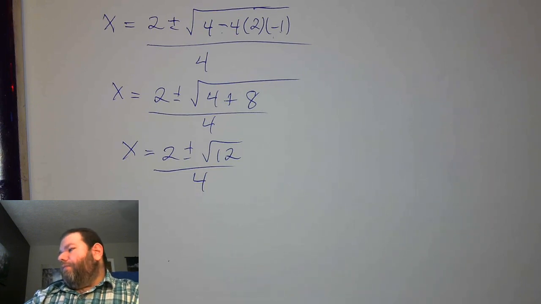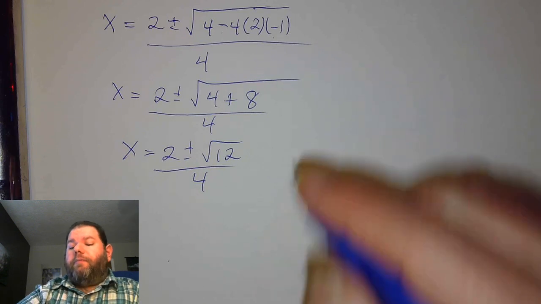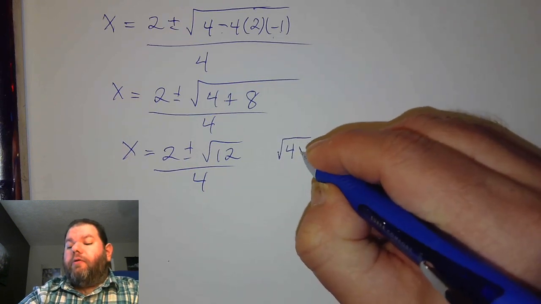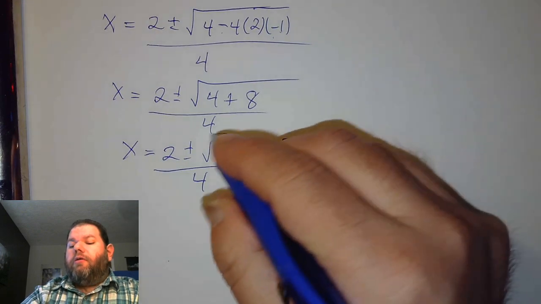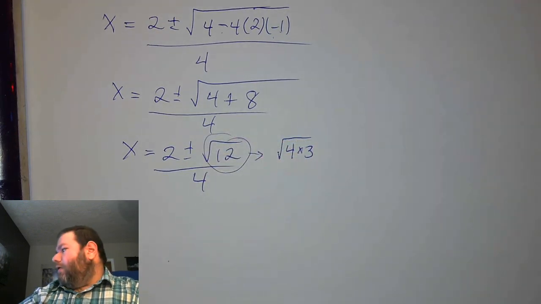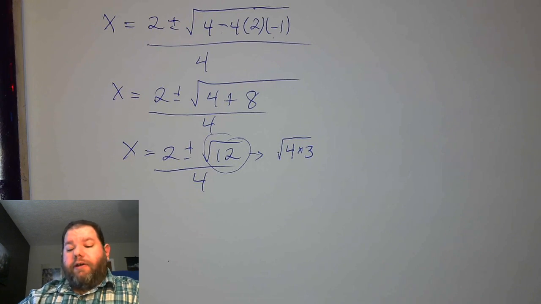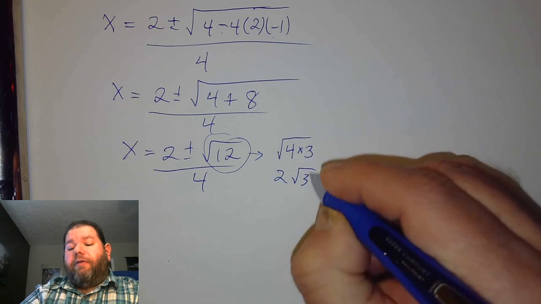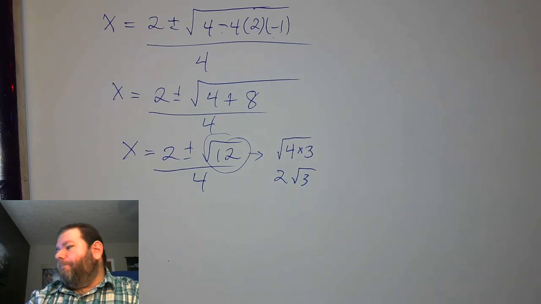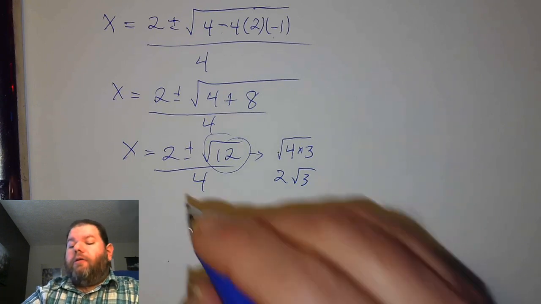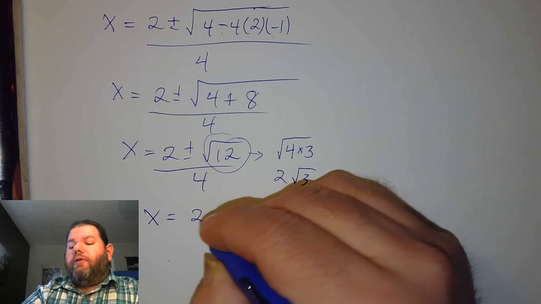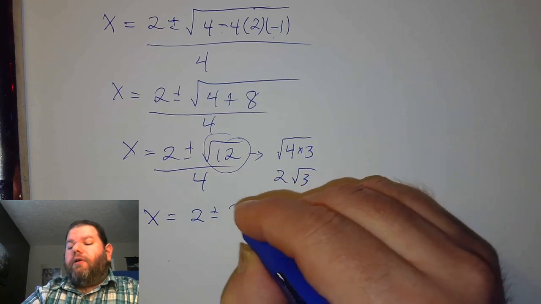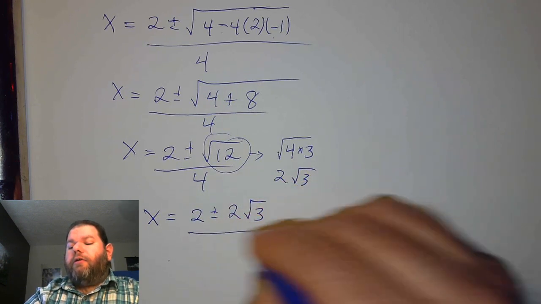Yeah, we know 12 is 4 times 3. And so the 4 we can actually take out of that because we can take the square root of 4, which is 2, and still leave the 3 under the radical. So we have 2 plus or minus 2 square root 3 divided by 4.